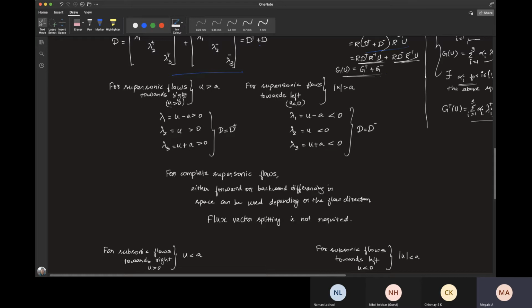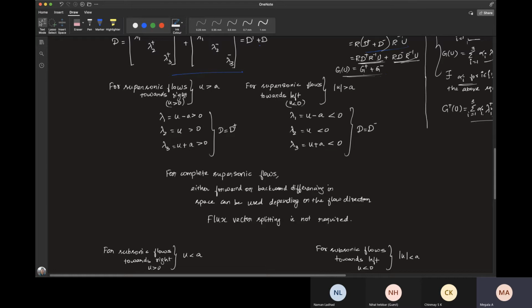Similarly, if you look at supersonic flows towards left, your magnitude of flow velocity will be greater than a. So mod u will be greater than a and u will be less than 0. So lambda 1, which is u minus a, will be less than 0 because u is a negative quantity, and we have a minus a over there. We are just adding two negative quantities, so that will be less than 0.